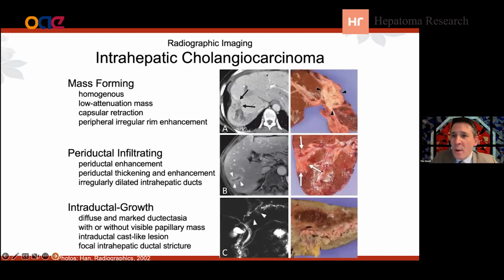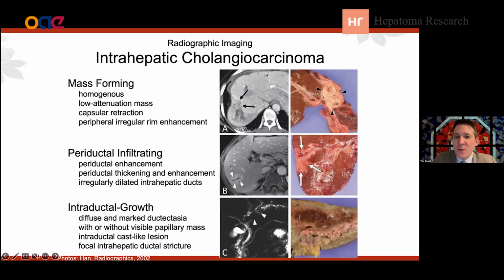When working these patients up, it's important to know that intrahepatic cholangiocarcinoma has 3 different morphologic subtypes. There's the mass-forming subtype, which you can see here in panel A. These lesions tend to be low attenuating lesions, and if they abut the capsule, you'll see capsular retraction with some rim enhancement.